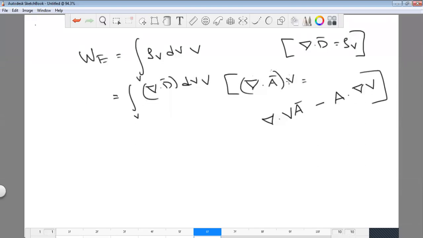So del dot A bar V equals del dot V A. V is a scalar value. For example, V equals 2 and A bar is a vector, we can rewrite it as 2A bar. Only the magnitude changes; the direction will be the same. So if you multiply a scalar with a vector, you can directly multiply. There is no problem with that.